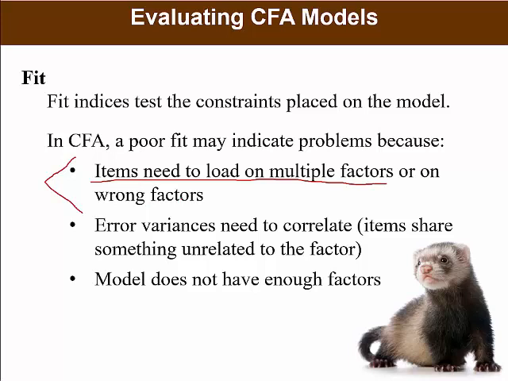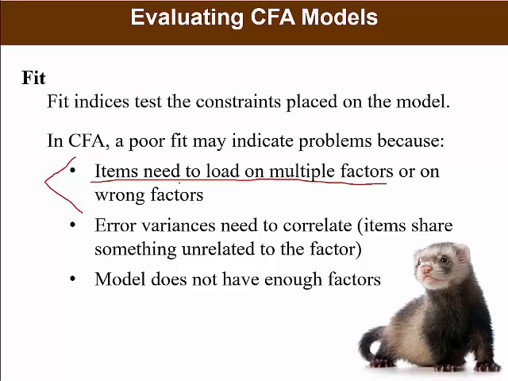Your theory is that those items should all be specific to factor 1. So if, for example, you had a scale that was supposed to be measuring anxiety and depression, maybe factor 1 was how much people felt depressed, and factor 2 was how much they felt anxious. And maybe you had an item on your depression scale that was something like, sometimes I feel really upset. But maybe when people look at upset, they mean both depressed and anxious, and they really can't distinguish between the two.